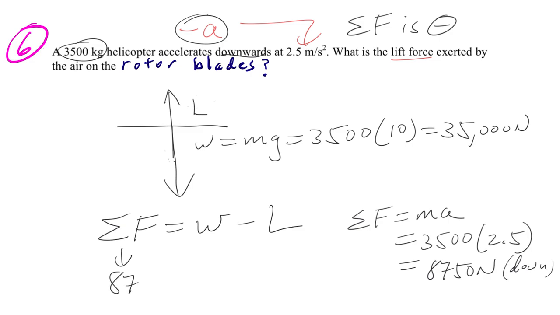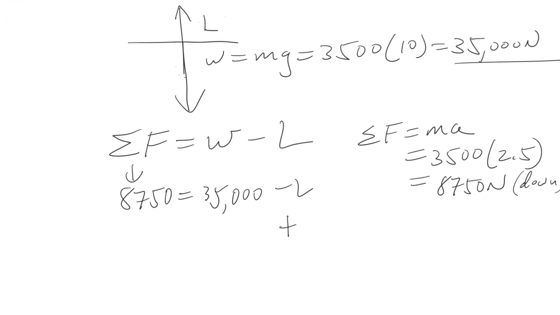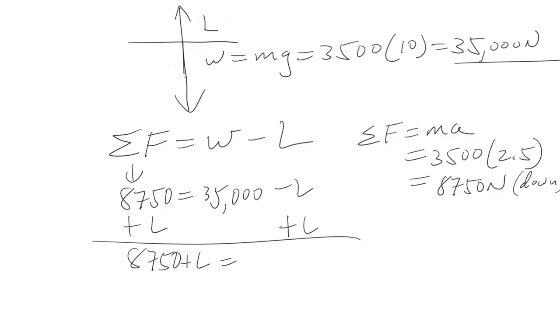So we have that now. We can plug it into the other equation for net force, customized to this problem, that equals the weight, 35,000 from up here, minus L. I add L to both sides, and then I subtract 8,750 from both sides. So 8,750 plus L equals 35,000.